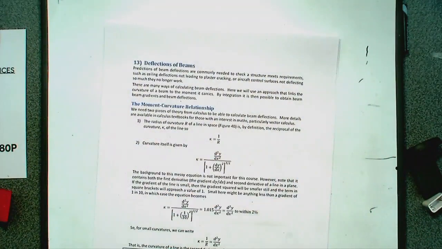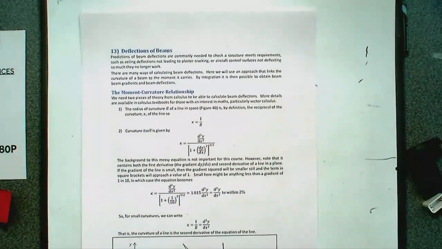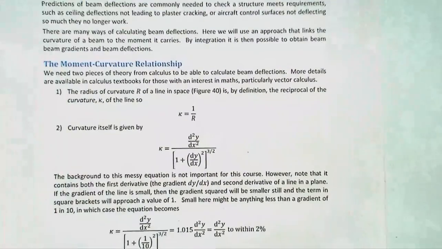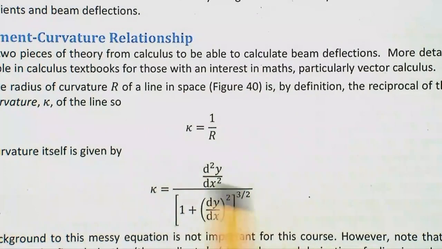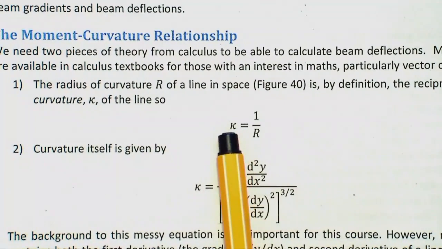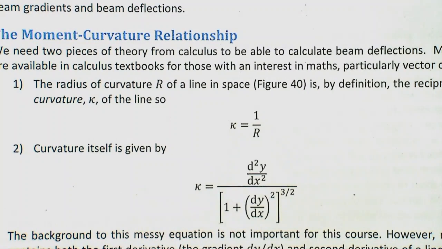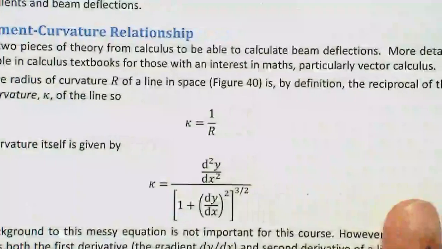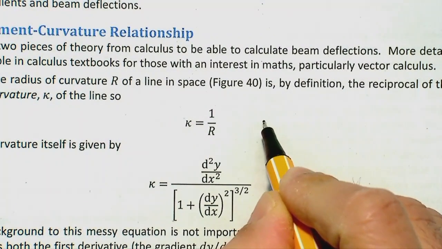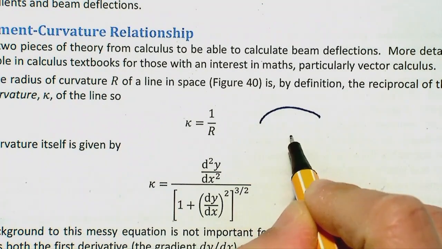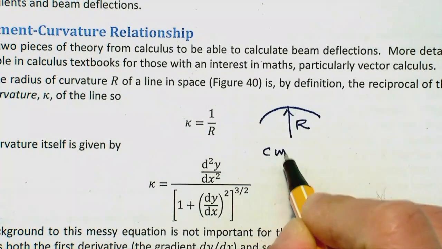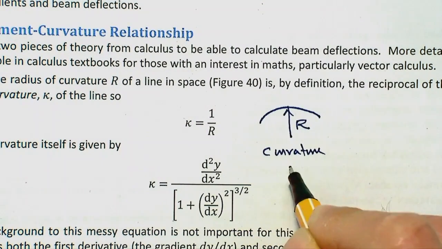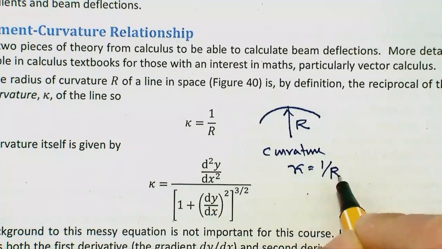Now the way to do it, of course, we have to resort to maths here. The curvature and something called the radius of curvature are inversely proportional. So for a beam or any line really, if the curvature is given by the Greek letter kappa, then the radius of curvature is 1 over kappa. What we mean is, if we have a circle of radius r, its curvature is given by kappa = 1/r.